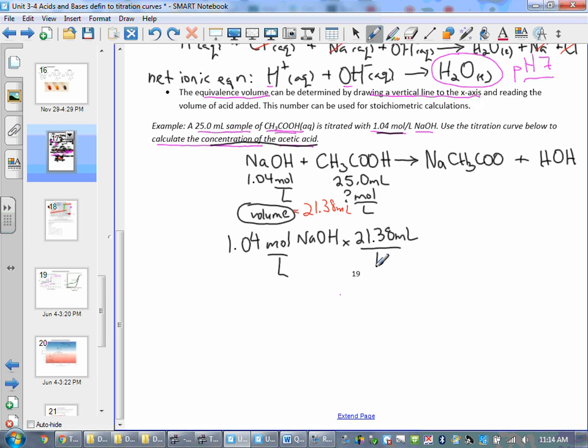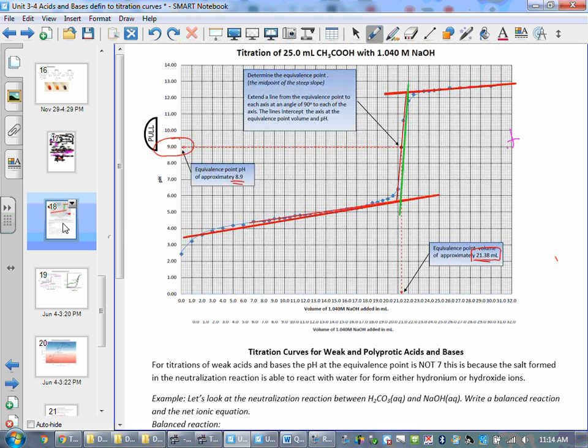From our graph. So we made this nice titration graph, so for every incremental volume, looks like they measured the pH. The pH was measured initially, and then looks like every half milliliter, they measured the pH until they got this nice curve here.